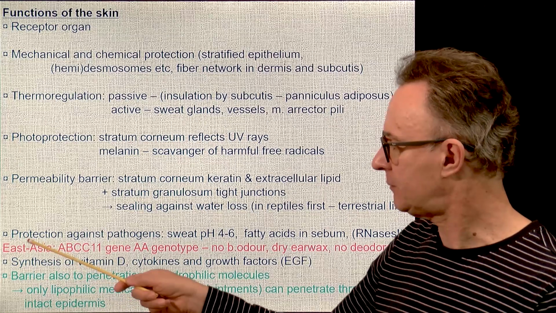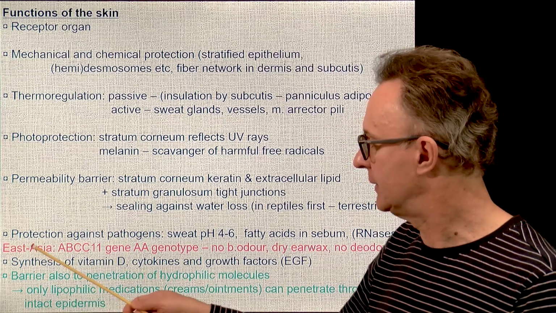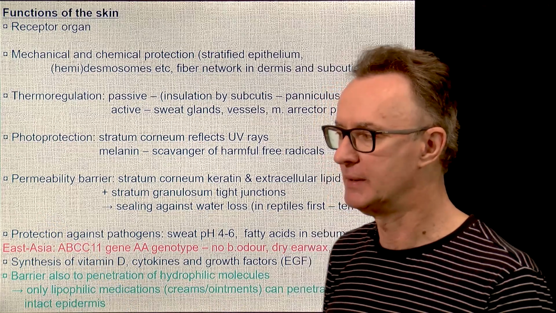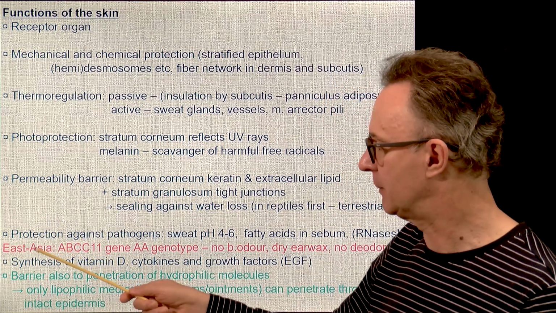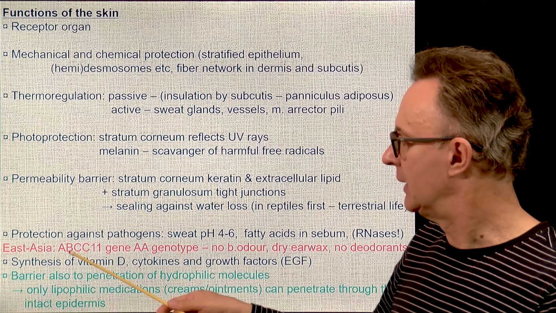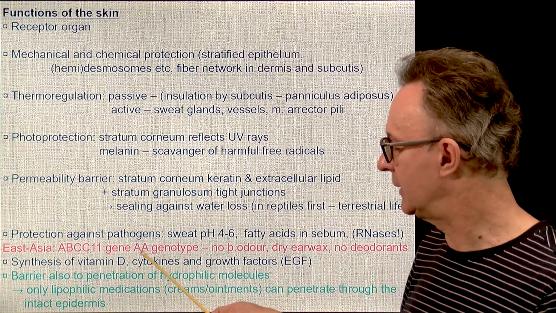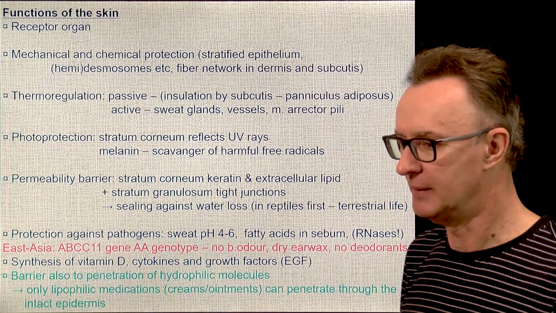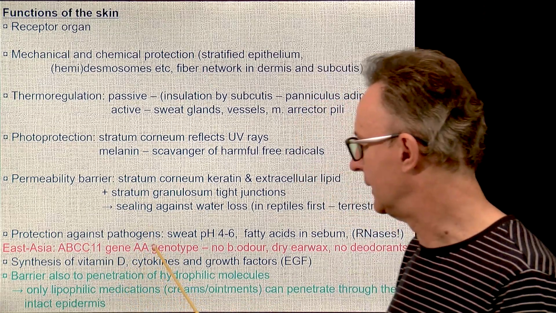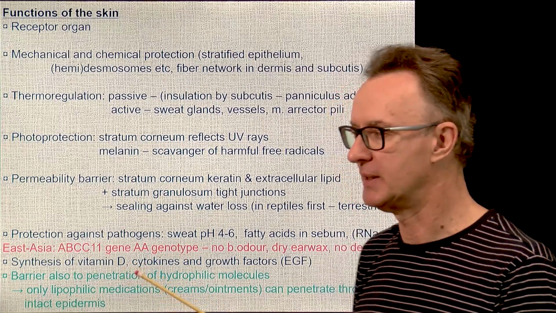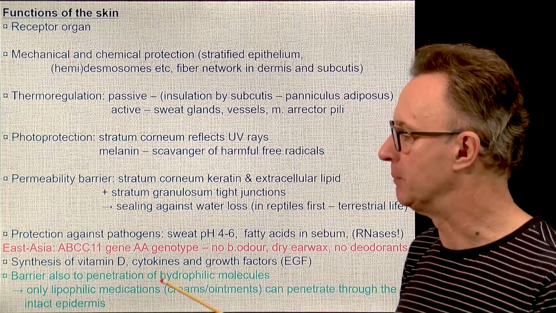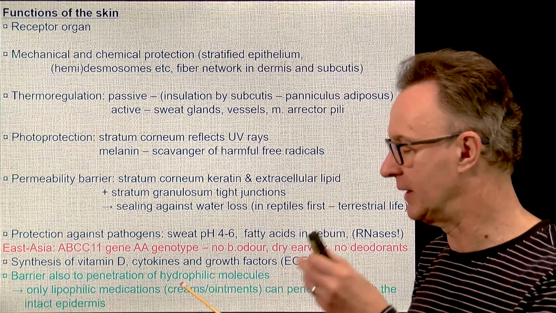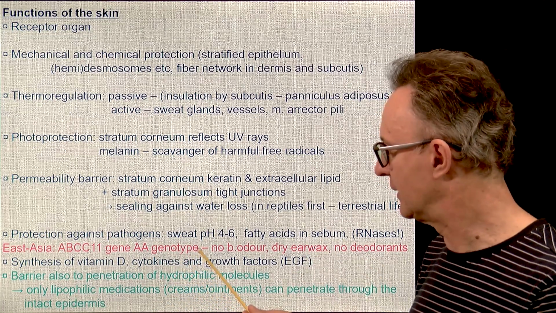And I read a recent paper which explains why in special populations, typical for the Koreans, for example, East Asia, who have a special allele in the ABCC11 gene, double adenine instead of guanine, they don't express a special pump which would be important for some materials in the odoriferous glands to be secreted on the surface.